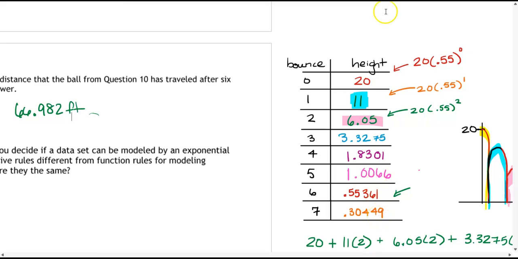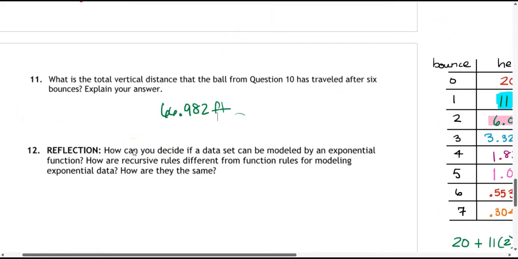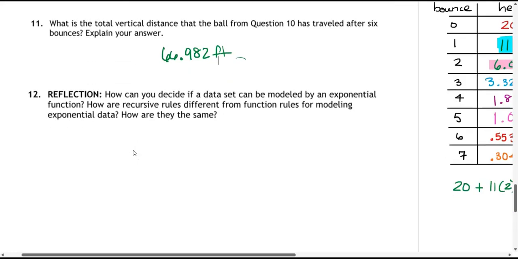I could go ahead and plug in, I don't know, 286 for n, and I would know what the height is at the 286th bounce. Not really going to get a ball that's going to bounce that many times, but you know what I mean. It's got an input ability to simply get an output. It makes it really easy for a function rule.